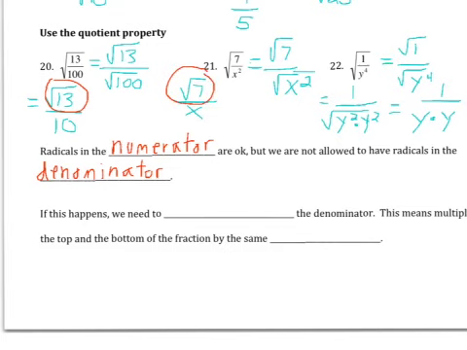But sometimes we will get a radical in the denominator. If this happens, we need to rationalize the denominator. This means multiplying the top and the bottom of the fraction by the same radical. And we'll do some of that on the next slide.